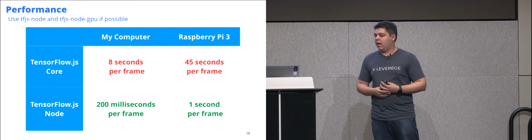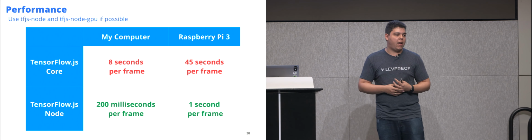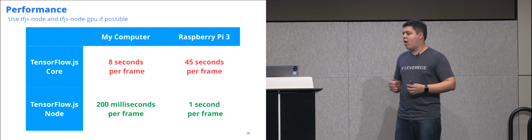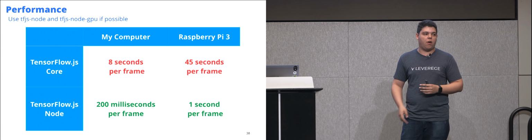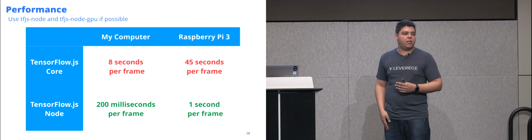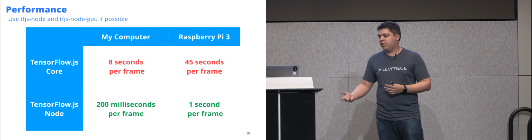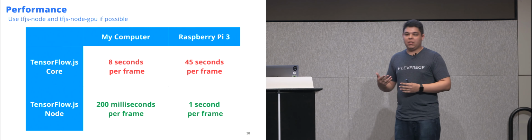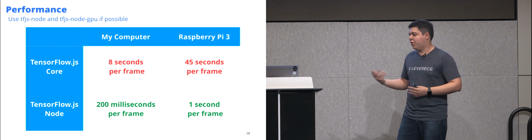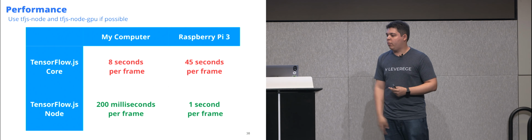But using the Node.js bindings, on a local computer it's easy to do, but for a device like the Raspberry Pi that has an ARM processor, I took some time to build the TensorFlow Node version for the Raspberry Pi. But I got some really good results.